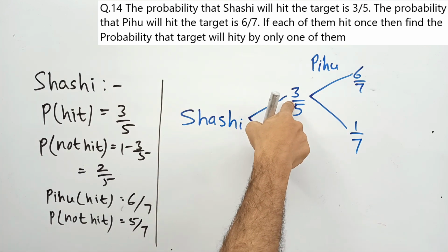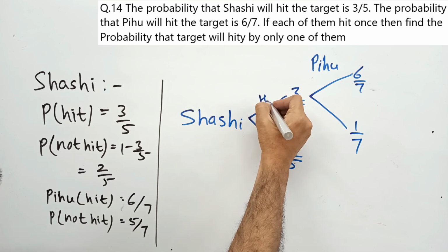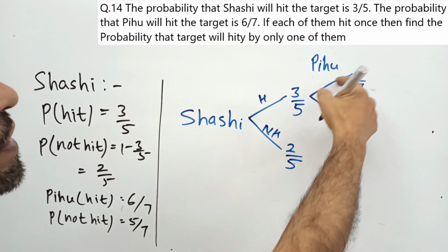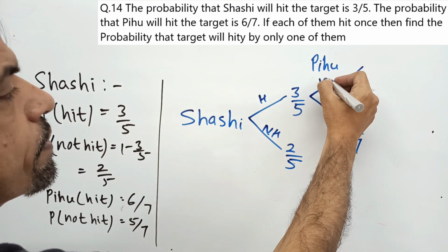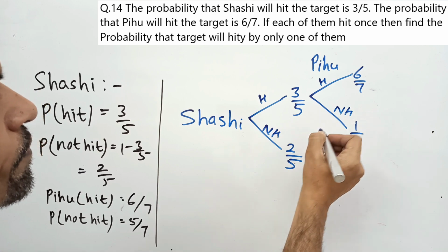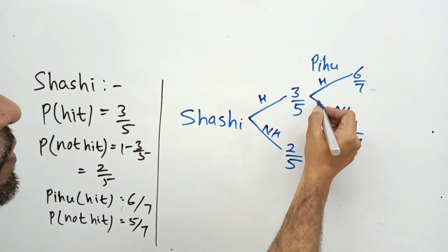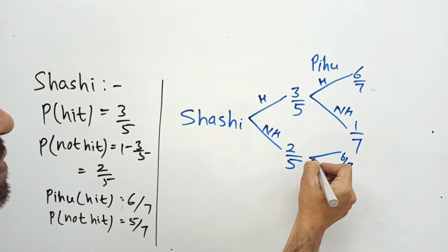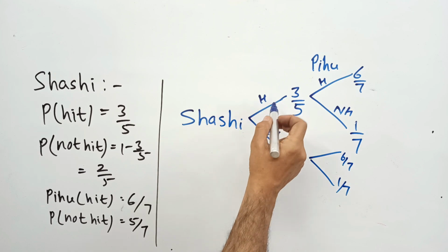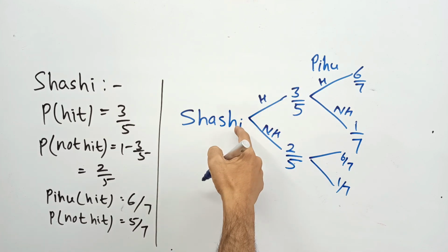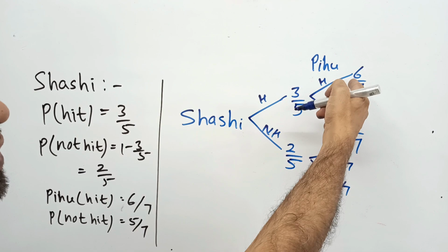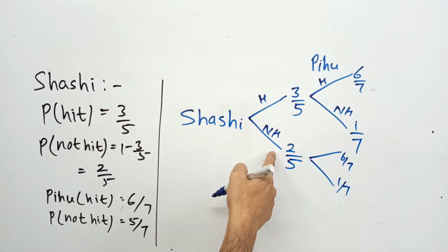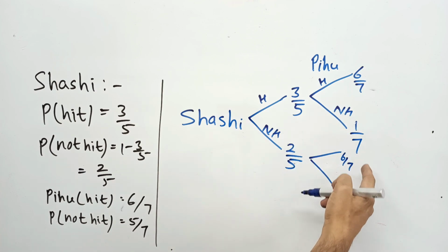So there are two chances, one hit and this is not hit. Now if Shashi hits, PU will again take the chance, hitting or not hitting. If Shashi is not able to hit, then also there are two chances for PU, hitting, not hitting.